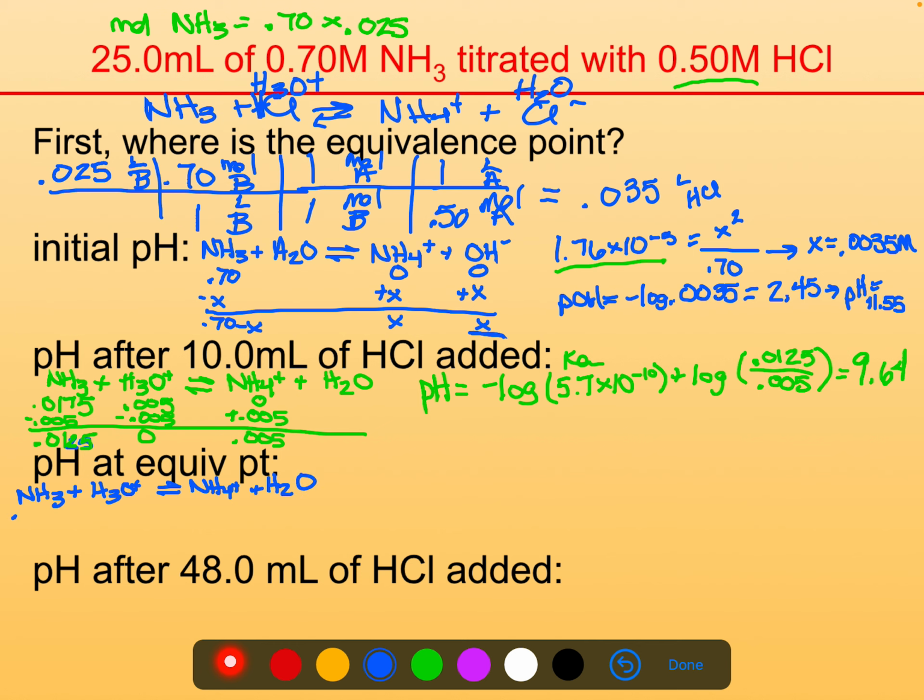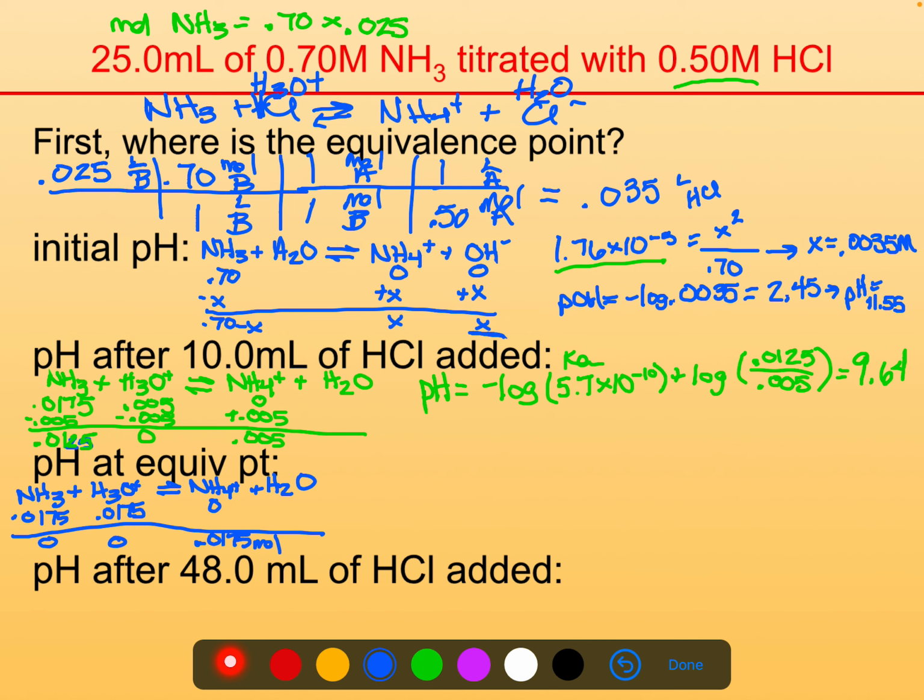So we started off with 0.0175 moles of base. At the equivalence point, we should have that same amount of acid. And if we started with none of the ammonium initially, these would go down to 0, and we would end up with 0.0175 moles of ammonium.